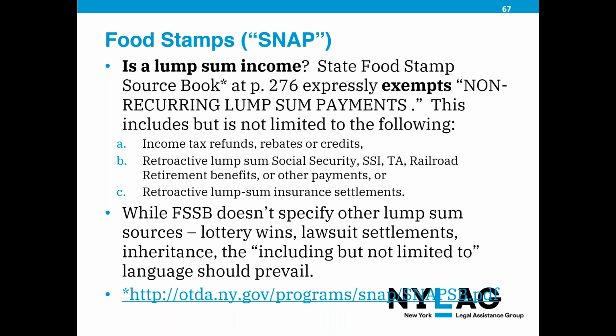It doesn't specifically list other lump sums like inheritances, lottery wins, lawsuit settlements, but it does say including but not limited to. So, that's an old legal trick that we say that it's not limited. So it should be exempt.